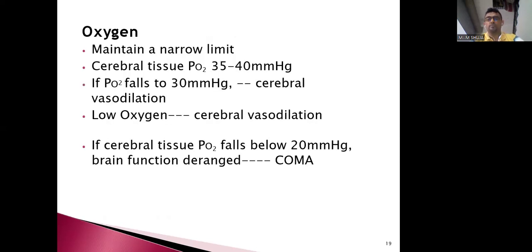Oxygen also has an impact, but that is a narrow impact. Because at a low oxygen level, cerebral vasodilation occurs.